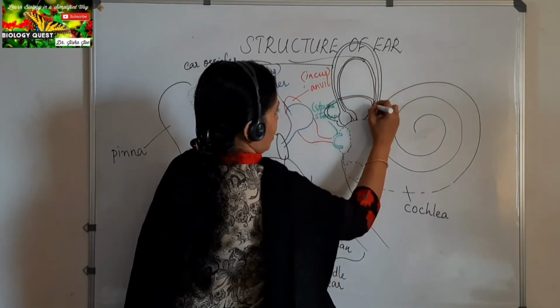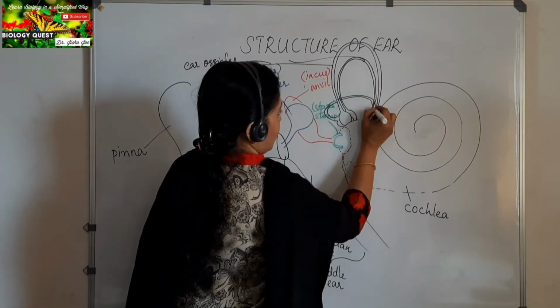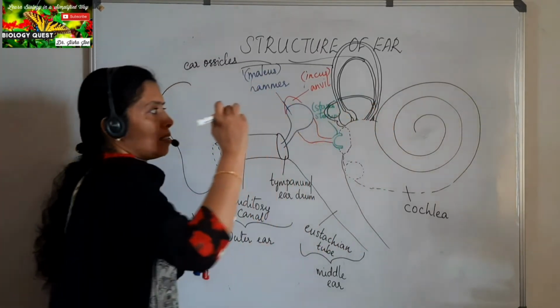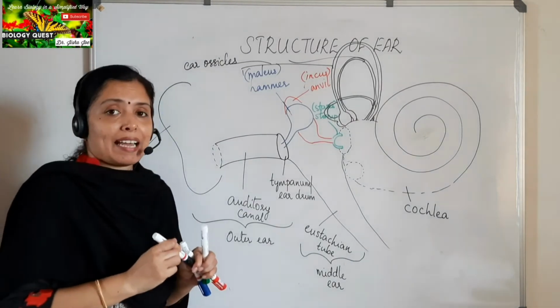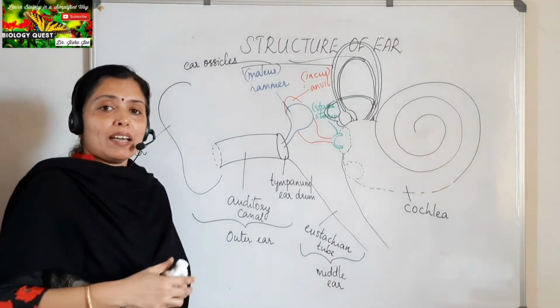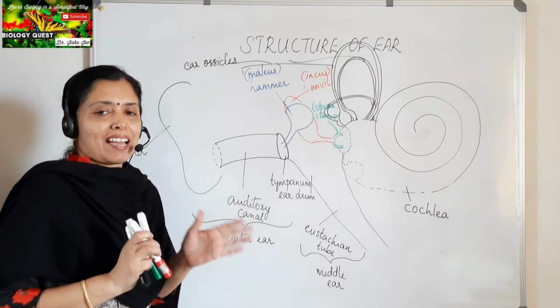These 3 semicircular canals are arranged in such a way that they are at right angles to each other.